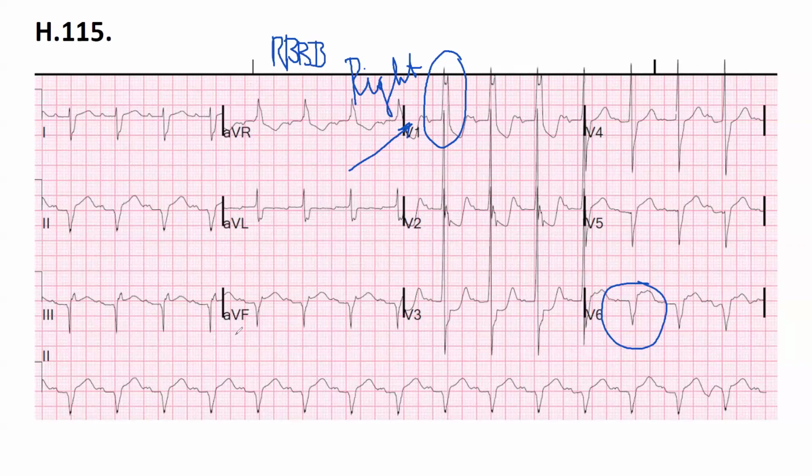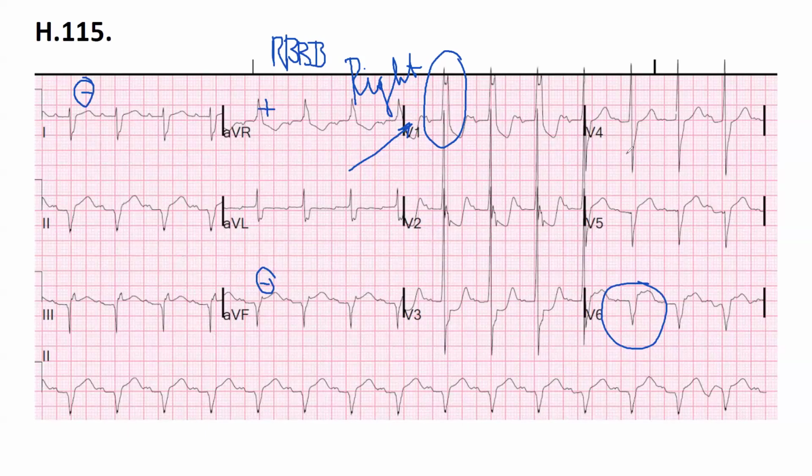Next one, go for pathological axis. Yes, we haven't discussed the axis yet. Lead 1 is negative, because AVF is also negative, and AVR is positive.